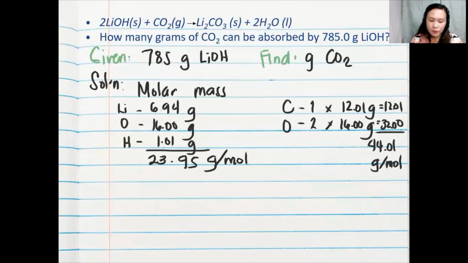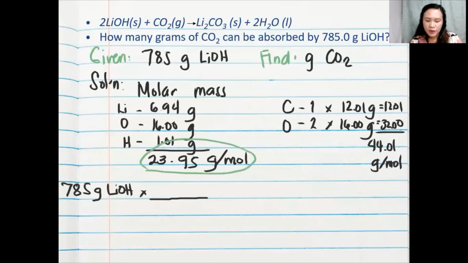So we are given 785 grams of lithium hydroxide. Again, we use the molar mass, in the conversion first.